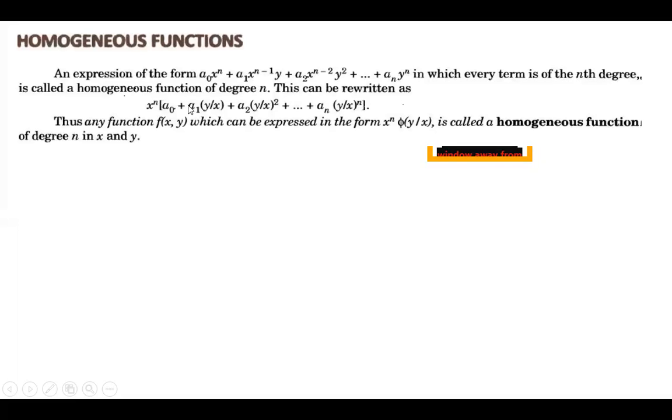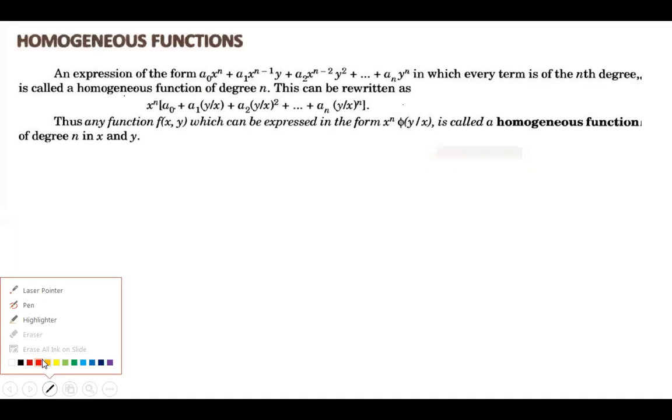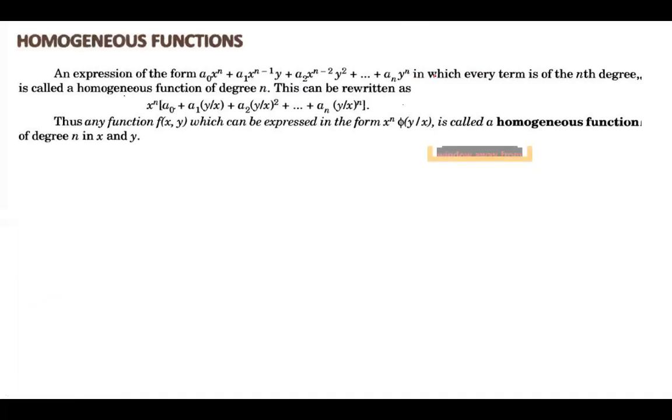An expression of the form a naught x to the power n plus a1 x to the power n minus 1 times y plus a2 x to the power n minus 2 times y square and so on is called a homogeneous function. What you need to observe here is that the degree of each term is n.